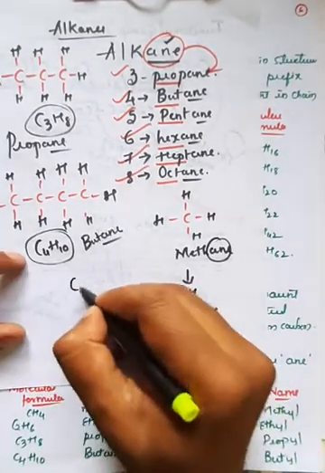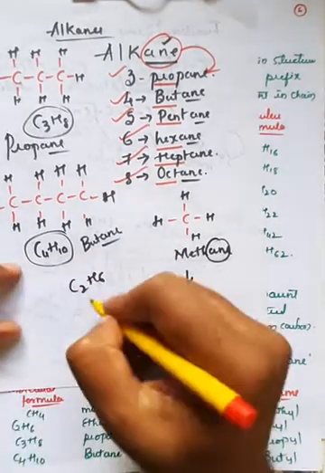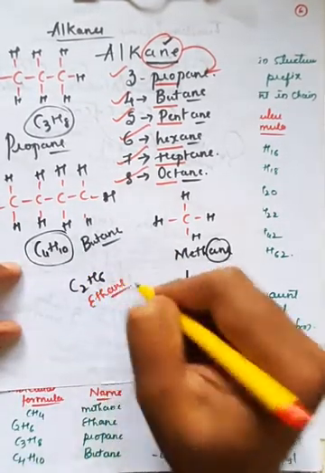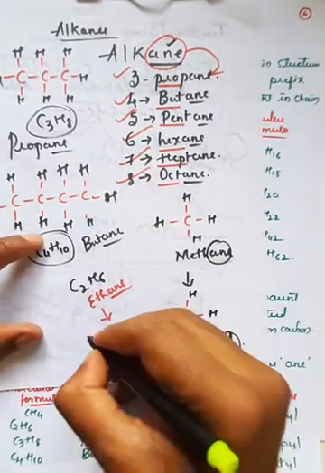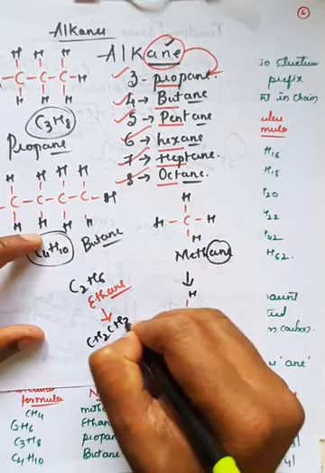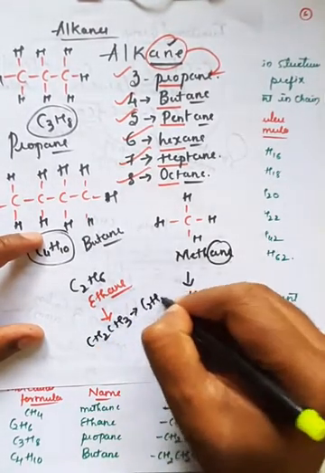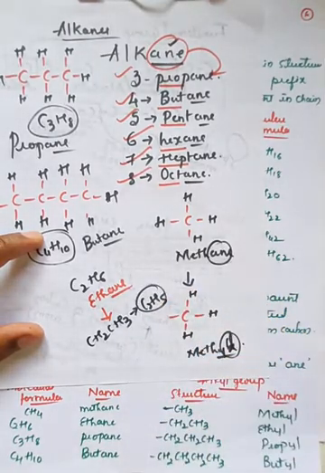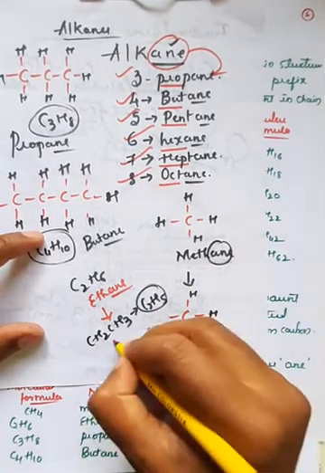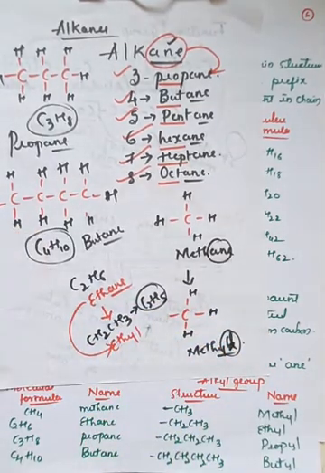Similarly, if you take C2H6, right? This is called ethane. By removing one of the hydrogens, what happens? It will become CH2CH3, which means it will become C2H5. There is one less hydrogen atom, and this is called the ethyl group, which means I have converted ethane to ethyl group.